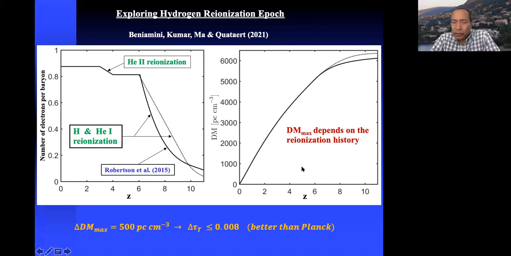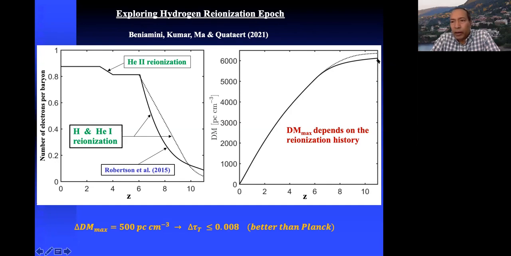So to the right, this graph shows the DM of FRBs at different redshift. There is almost a linear increase of the DM at low redshift, and then it starts to plateau at high redshift during the reionization. When going to higher and higher redshift, the universe is turning more and more neutral, which means that the number of electrons per baryon is decreasing.